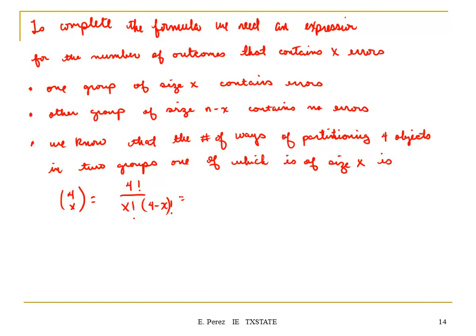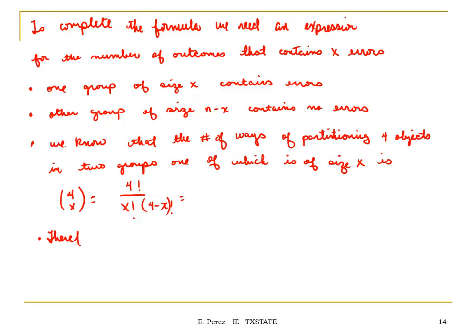Again, these are concepts that you already learned from the first part of this course, and we're going to keep using them as we progress in this class. Let me just state the formula.